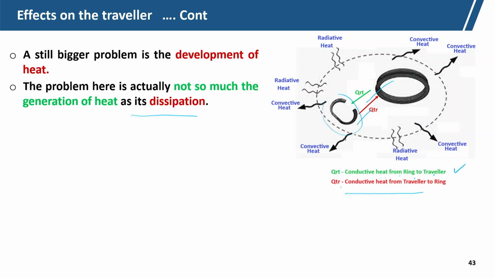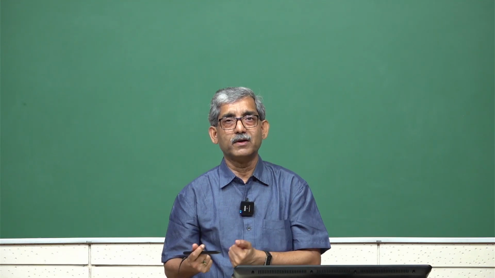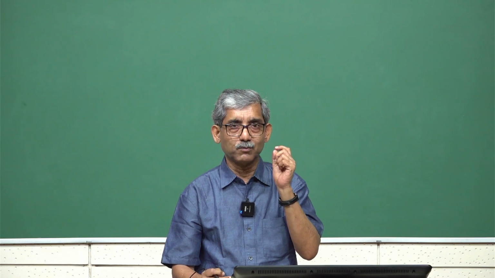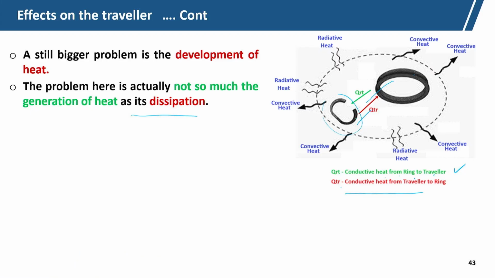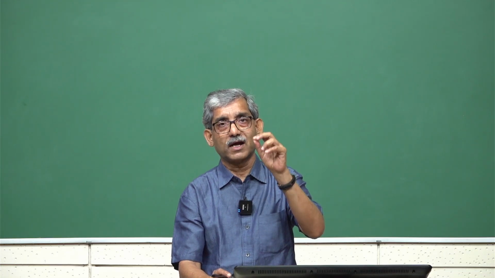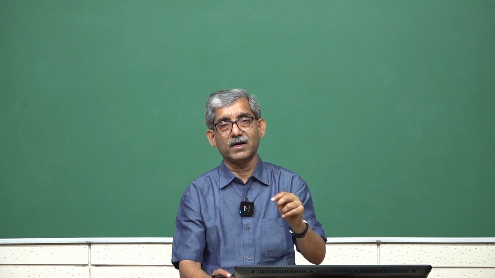Now, the conductive heat from traveller to ring should be high, because the ring has a higher area, that is higher volume, so it can absorb more heat. But the traveller is very small in surface area, and there should be very quick heat conduction from the traveller to the ring, but that is only possible when the contact area between the surface of ring and traveller is high.